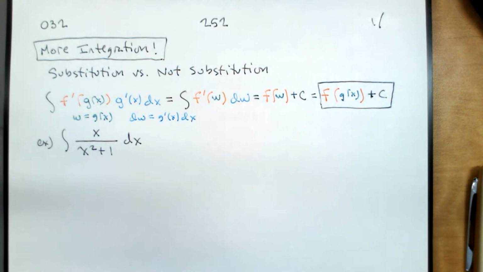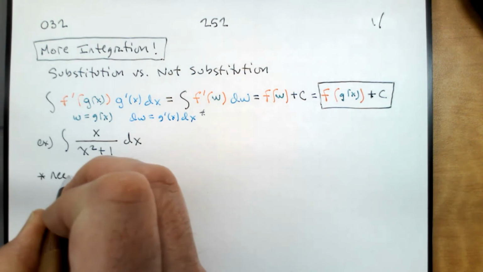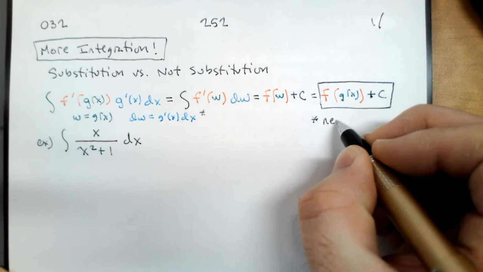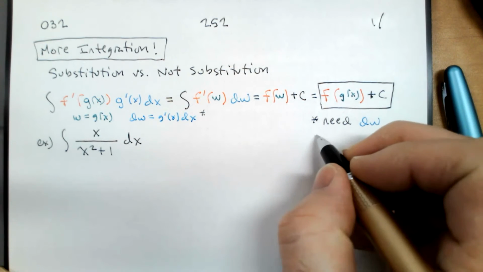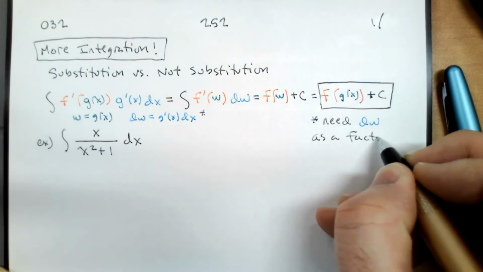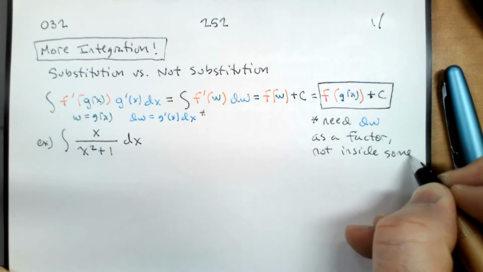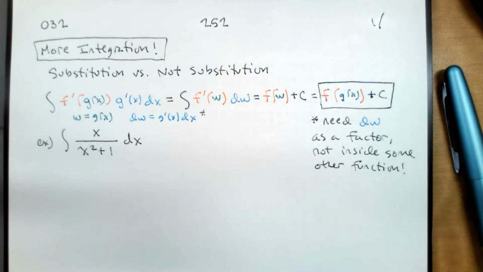We need this dw as a factor, not sitting inside some other function.